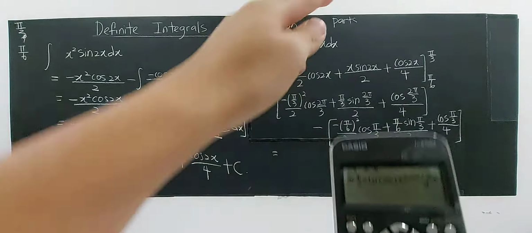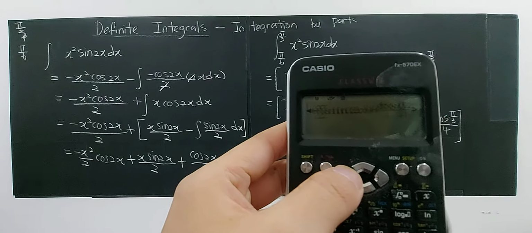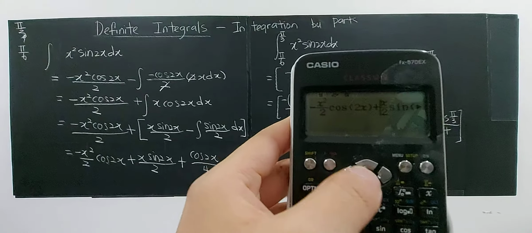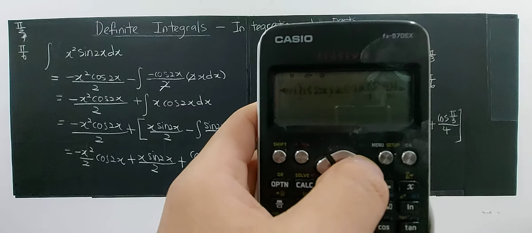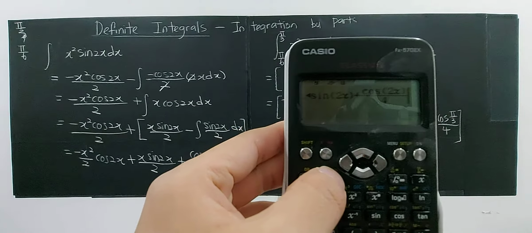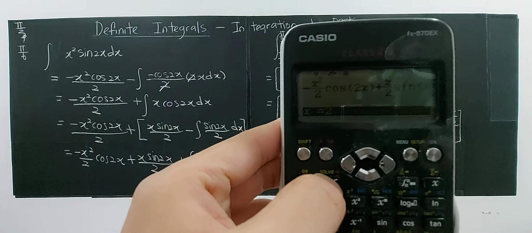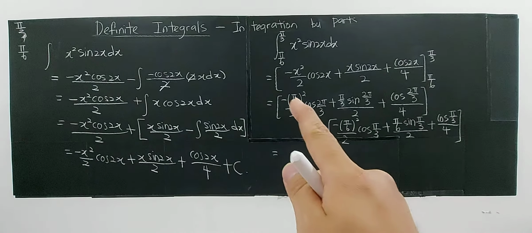So I have keyed in the function. For this function, I have keyed in everything. So I will be getting x square. So I show you that I have already keyed in. So later I'm going to press the button calculate, right, CALC. So let's calculate for the first part here. This is pi over 3, right?